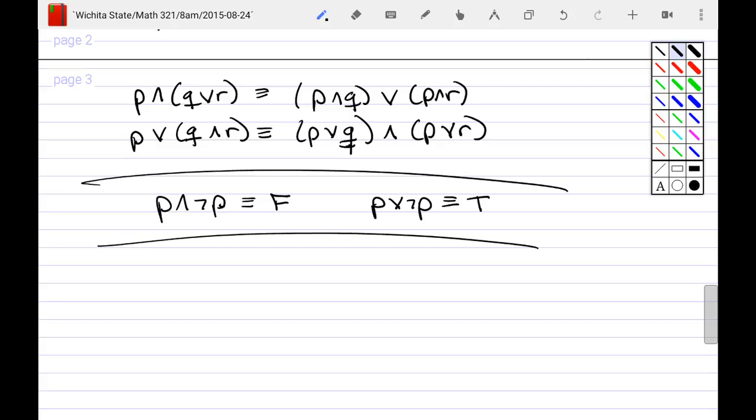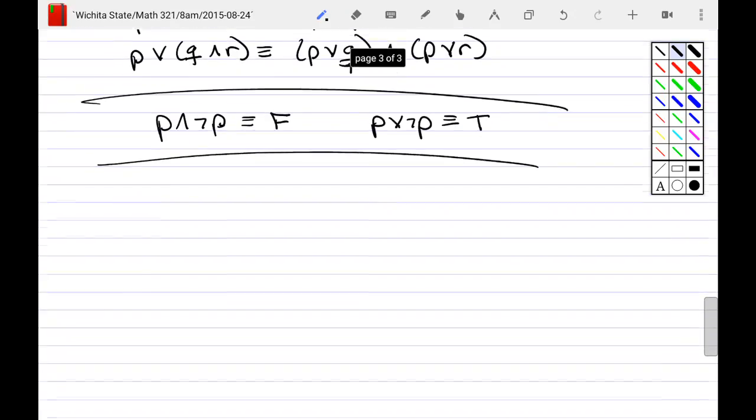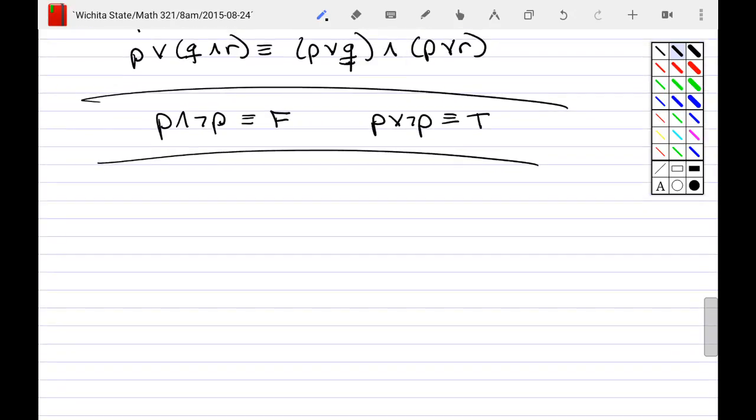And then the last one I'd like to do is one of those ones that you kind of look at a little bit and you have to think. You have P, or you have P and Q. All right, let's think about that for a second.